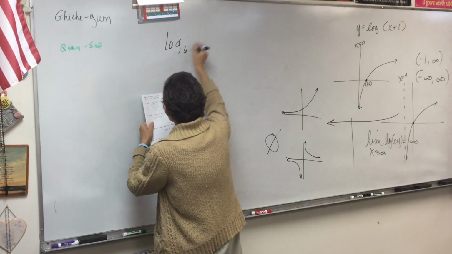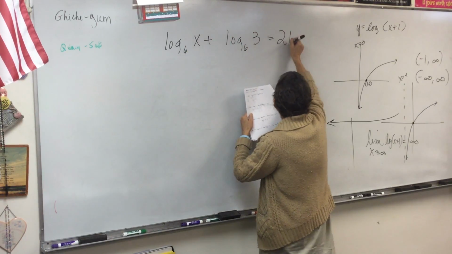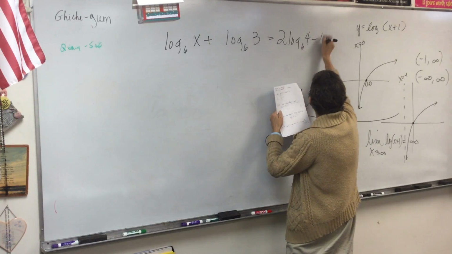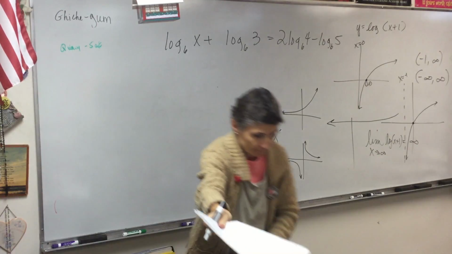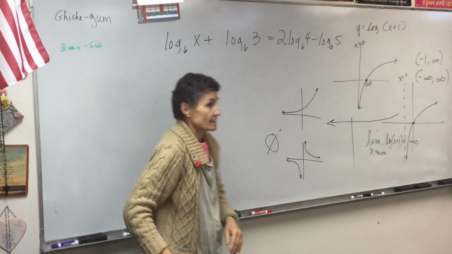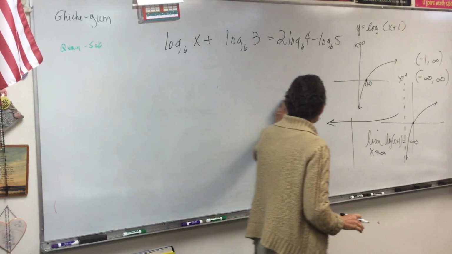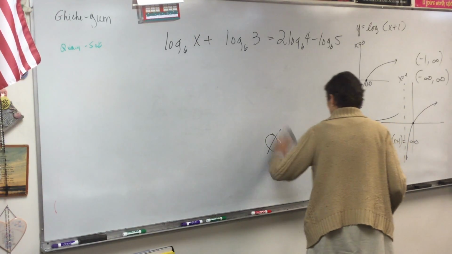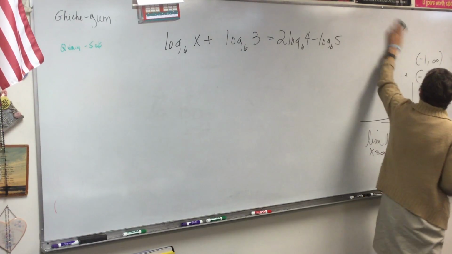So it's log base 6 of x plus log base 6 of 3 equals 2 log base 6 of 4 minus log base 6 of 5. This is another logarithmic equation, right? What's the issue? Too many logarithms.